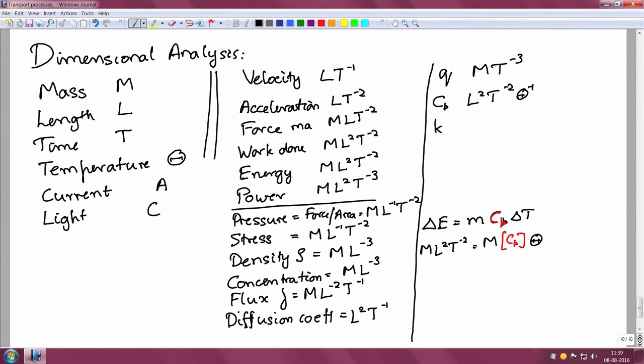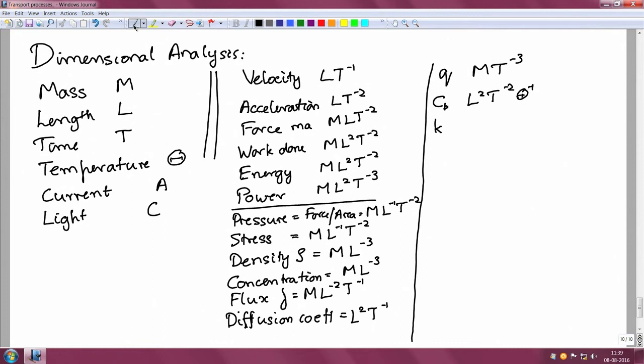Now, next is the thermal conductivity. For the thermal conductivity, once again we need a relationship in which we know the dimensions of all quantities apart from the thermal conductivity. The relation in this case is, of course, Fourier's law of heat conduction.